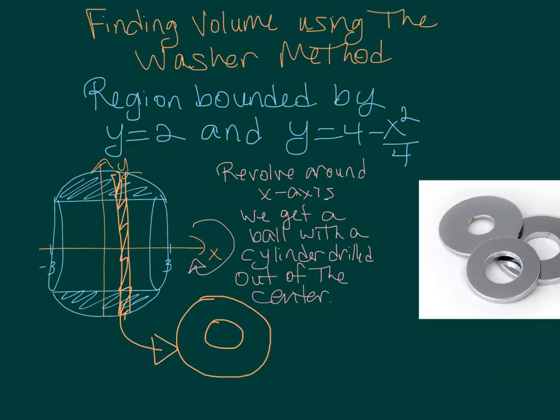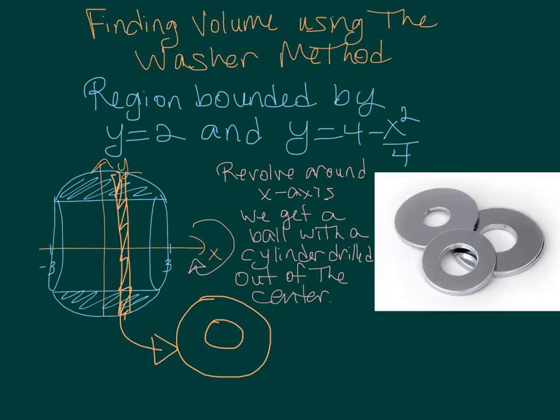Here is a picture of some washers, and that's why we call this the washer method, because each slice looks like a washer. And notice that each slice has a big radius and a smaller radius, and so the volume of each slice is pi big R squared delta x minus pi little r squared delta x.